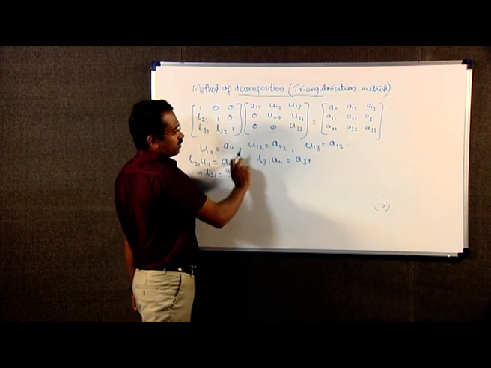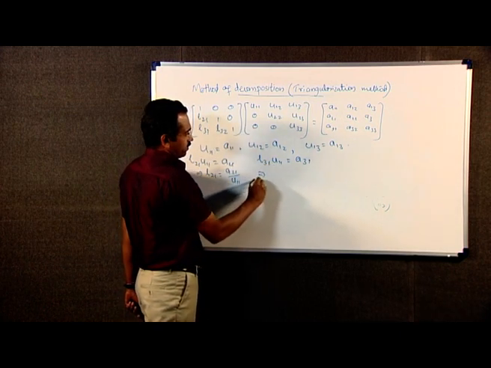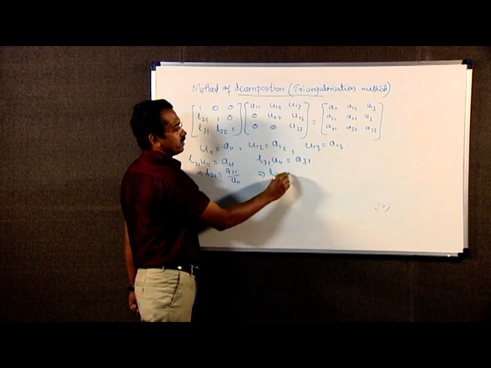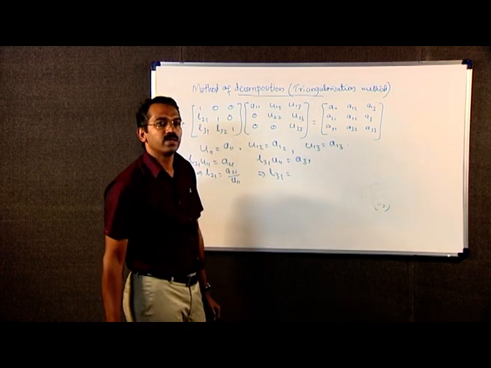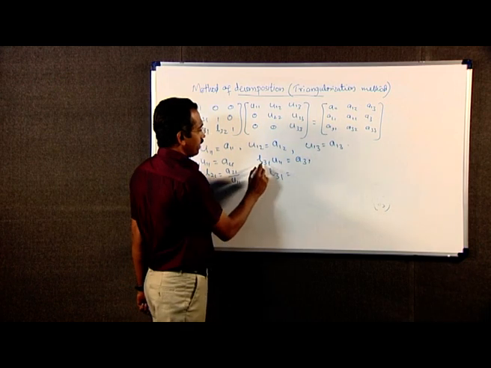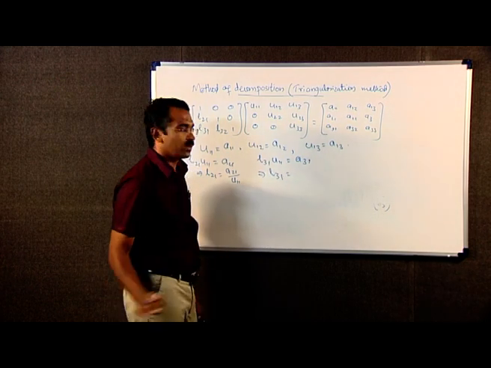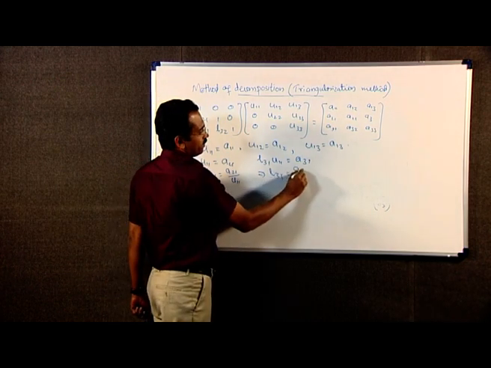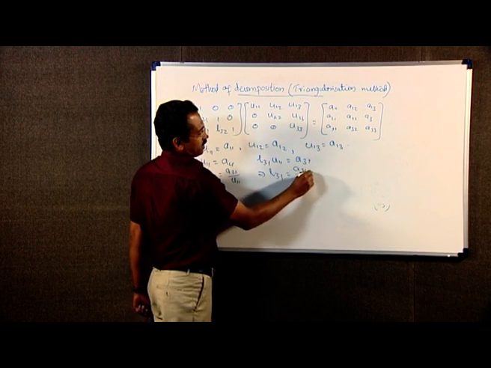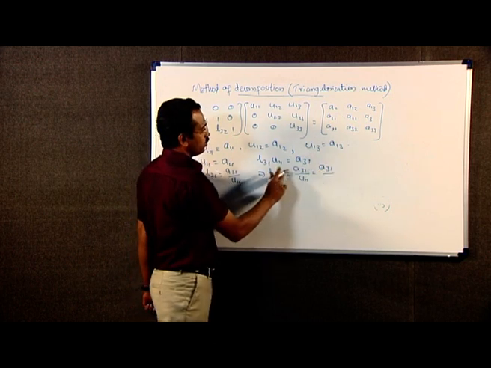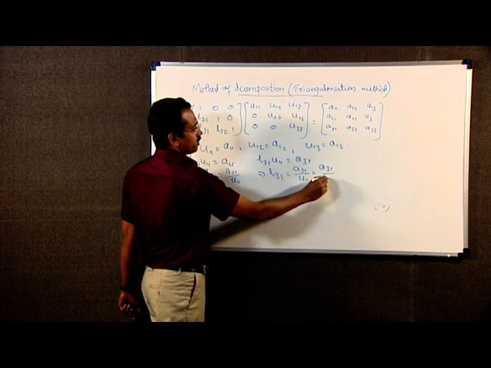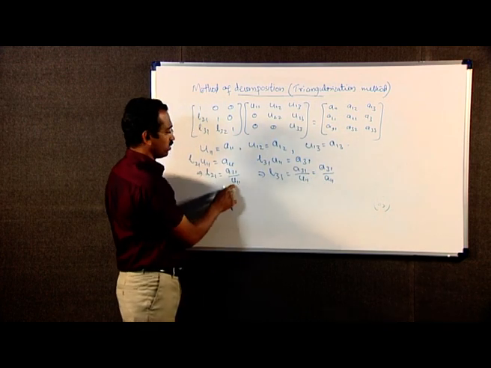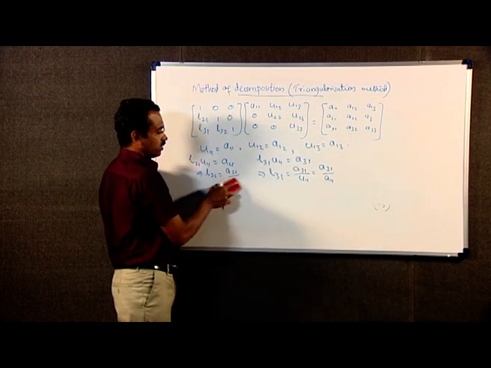This implies L31 is equal to A31 divided by U11, that is A31 divided by A11, since U11 is also A11.